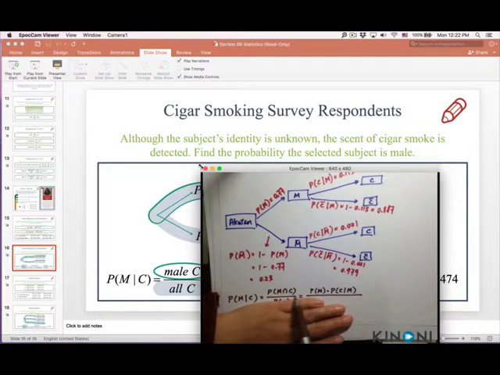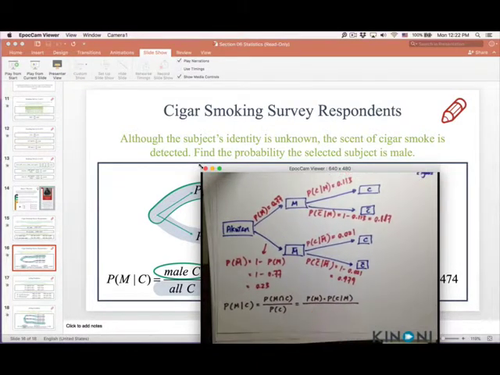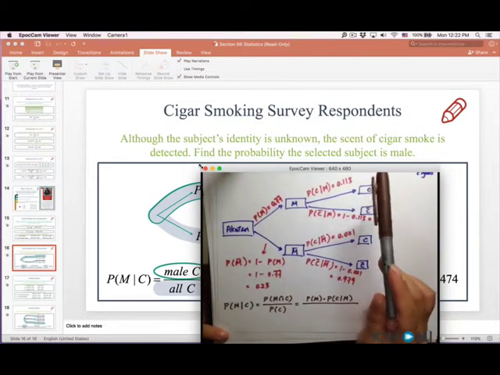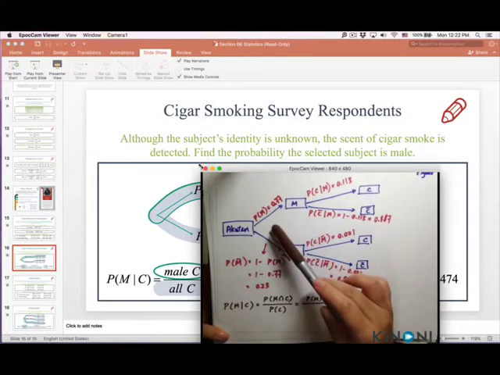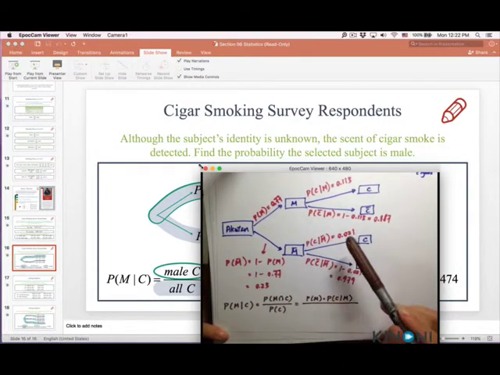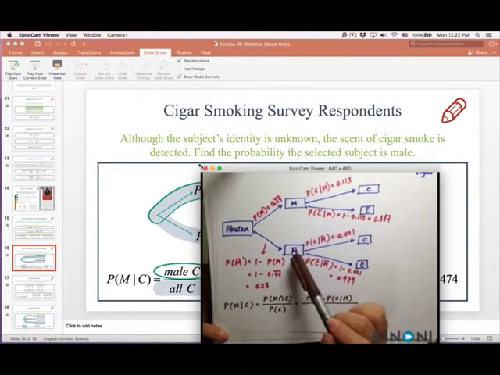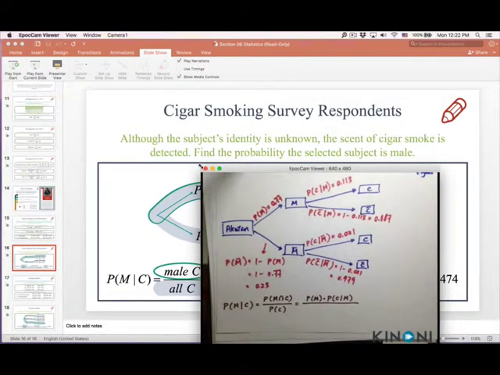And then for the probability of smoke, we do have two situations. It can be the probability of smoke given that they are male, or the probability of smoke given that they are non-male.